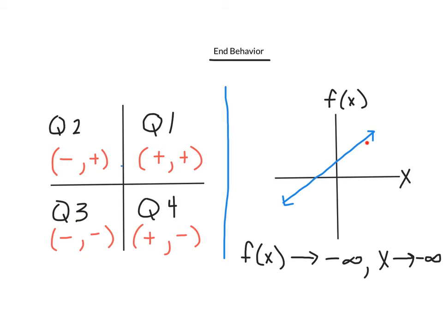This end is in the first quadrant, so we're going to pay attention to this positive here. So in this case, as f of x, or my y values, are going toward positive infinity, my x values are also going toward positive infinity.